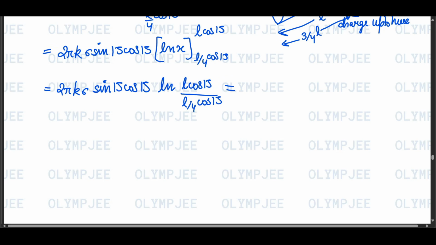So simplify this. 2 sine 15 cos 15 can be written as sine 30, pi k sigma log of 4. So 2 multiplied by sine 30 degrees multiplied by pi k sigma ln 2.